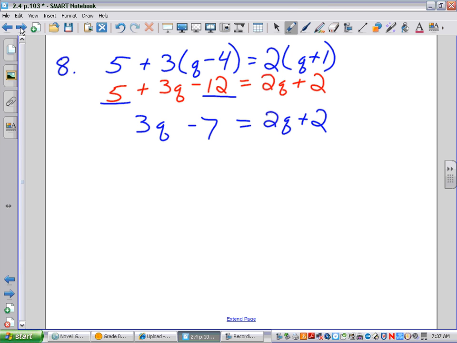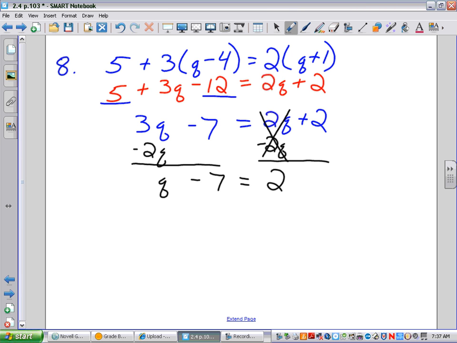Then let's start simplifying. I think I'm going to subtract this 2q from each side. 3 minus 2 is 1, so q minus 7 equals, this is what x is out, equals 2. Then I can, oops, not add 9.